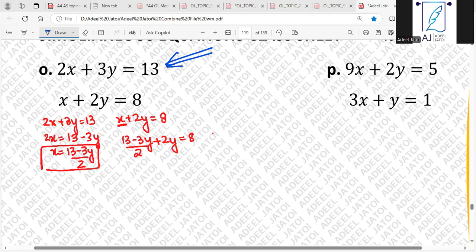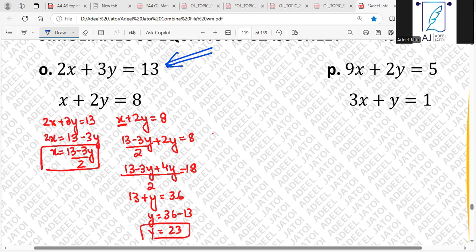Before we multiply 2 by 8, we need to take the LCM. So 13 minus 3y, 2 times 2y becomes 4y, upon 2 is equal to 18. 18 times 2 becomes what? 36. So 13 minus 3y plus 4y becomes y. And 18 times 2 is 36. y is equal to 36 minus 13. y becomes what? 23.